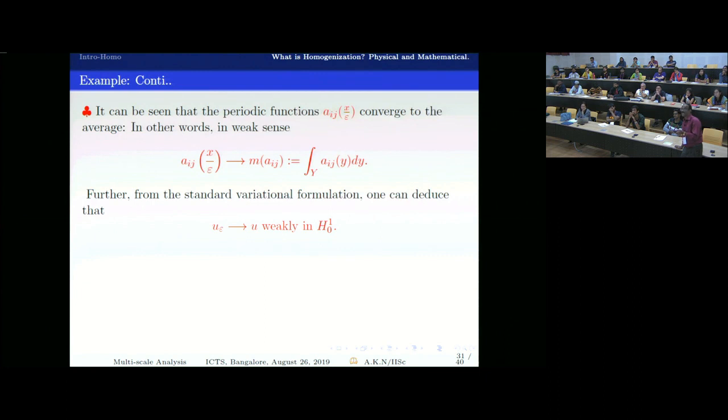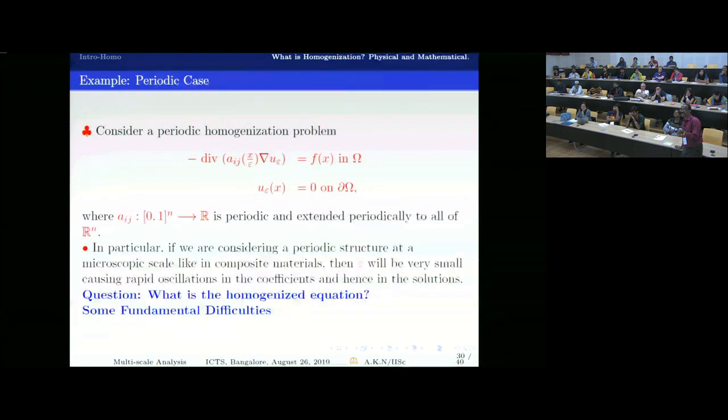This also means that grad u_epsilon converges weakly in L2 space. u_epsilon converges weakly in H1, which is the Sobolev space; the implication is that grad u_epsilon will converge to grad u.